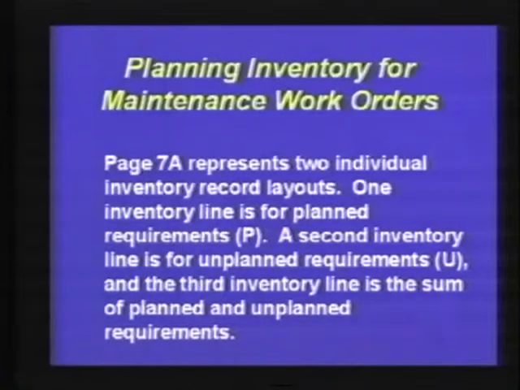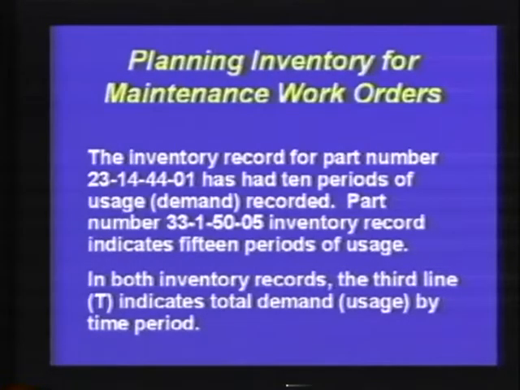Now, moving forward to page 7C, as the first paragraph indicates, that page 7A represents the two individual records showing both planned and unplanned. We've gone through the development of the two item records, which are shown on the second paragraph. And then the third paragraph identifies the total for each of those records, which is the last line marked T, which is the total requirements for both planned and unplanned.